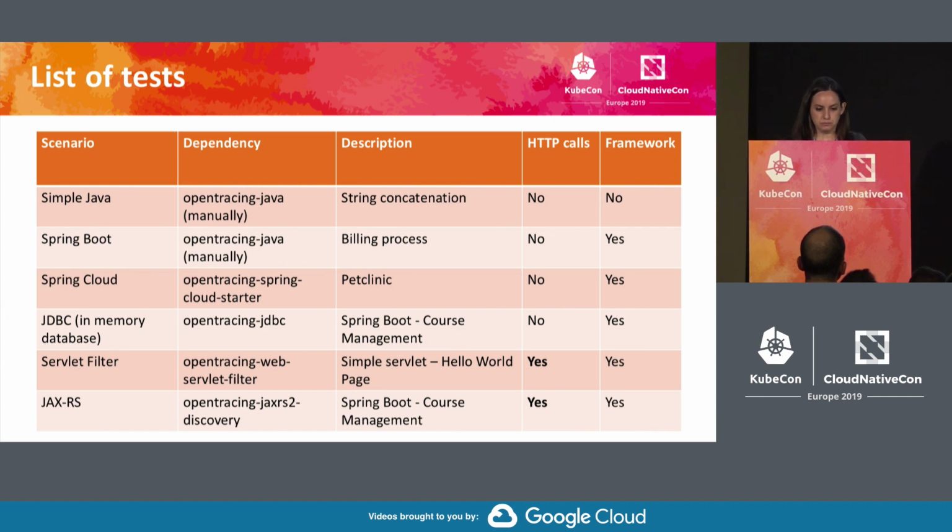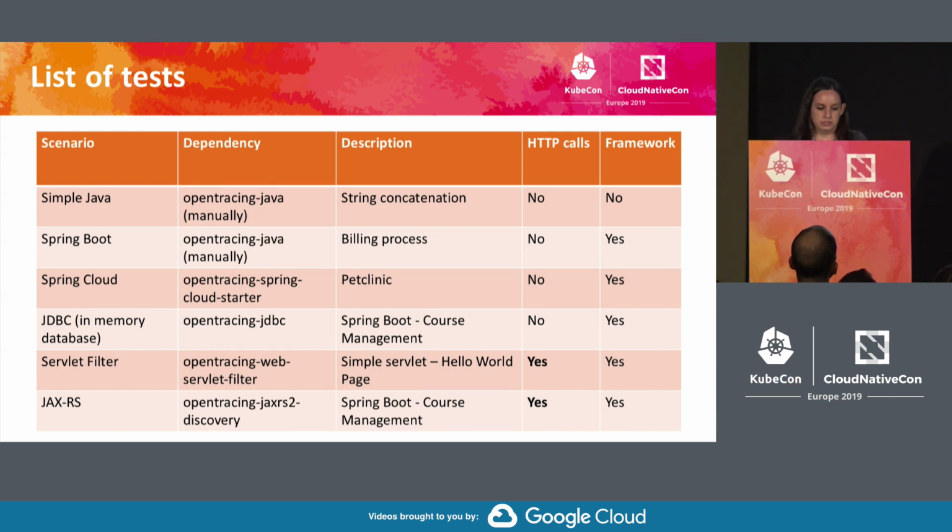So this is a list of the tests that we built. We started with a simple Java scenario with the instrumentation written manually. This scenario only tests a string concatenation, like concatenating hello world and one iteration number.